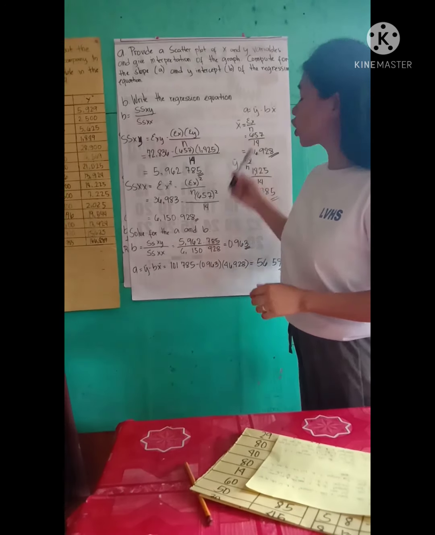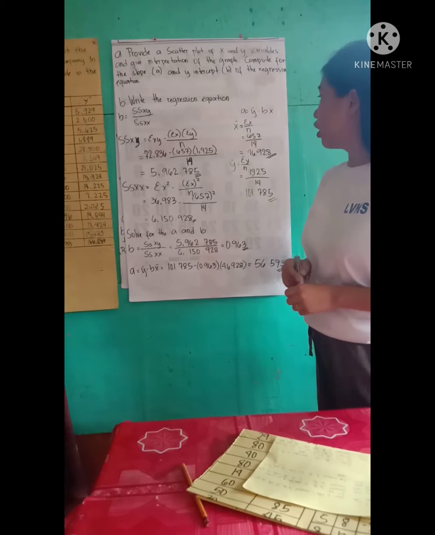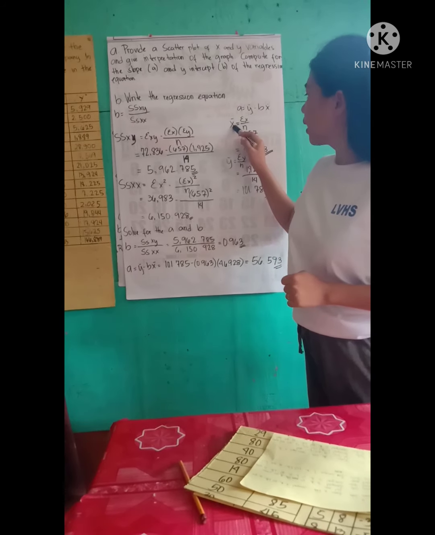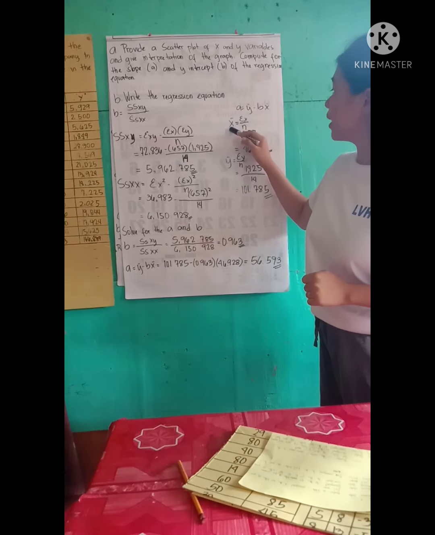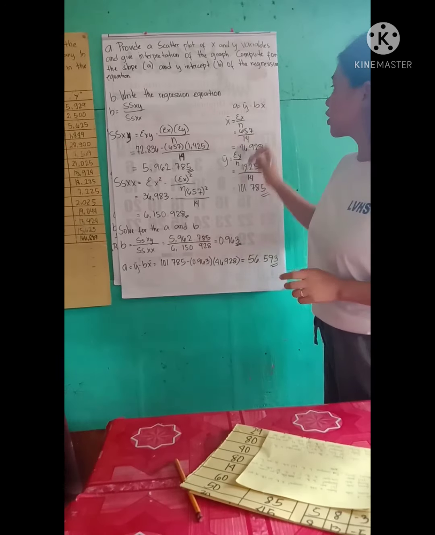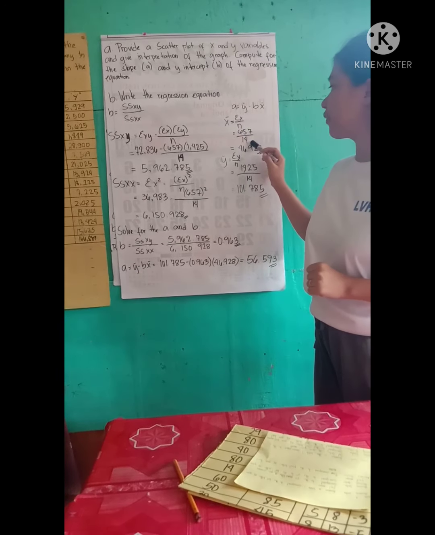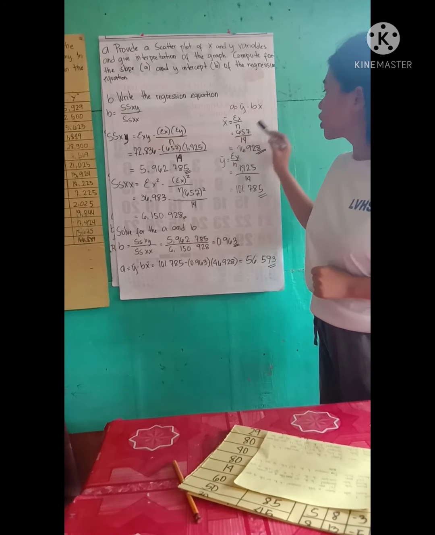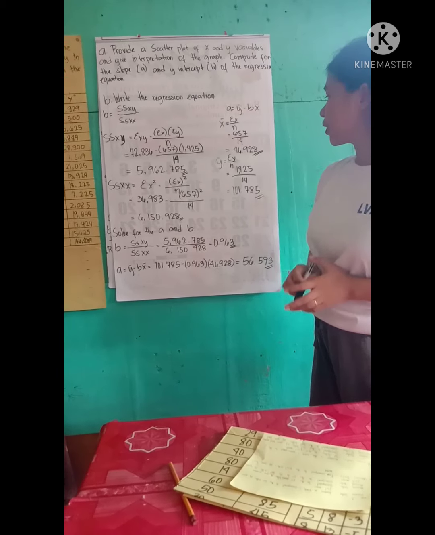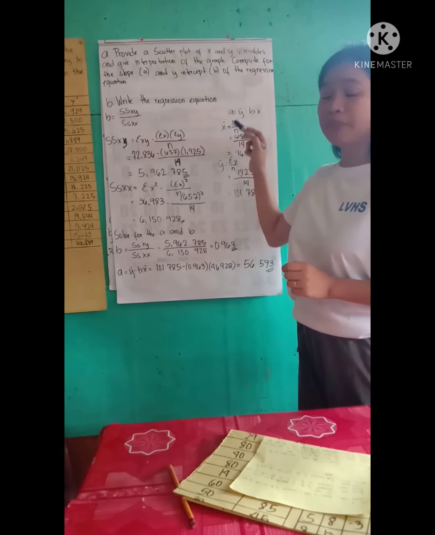And now, let's solve for the mean of x and the mean of y. In order for us to solve for the mean of x, we need the formula: mean of x equals summation of x divided by n. So the summation of x is 657 divided by 14. 657 divided by 14 is equal to 46.928. So 46.928 is our mean of x.